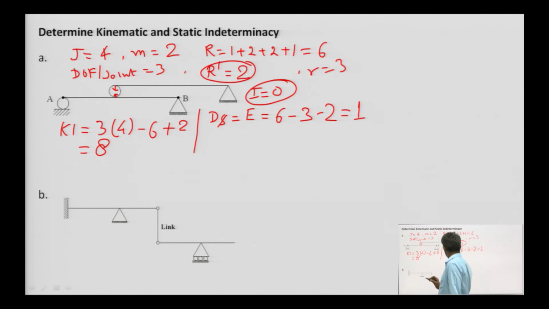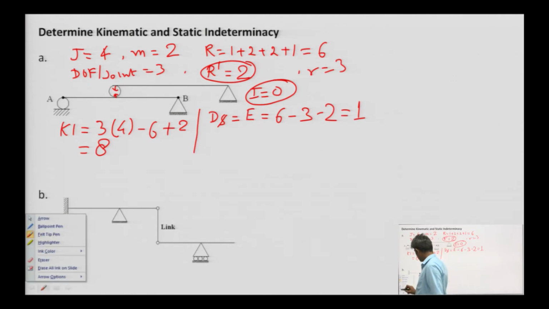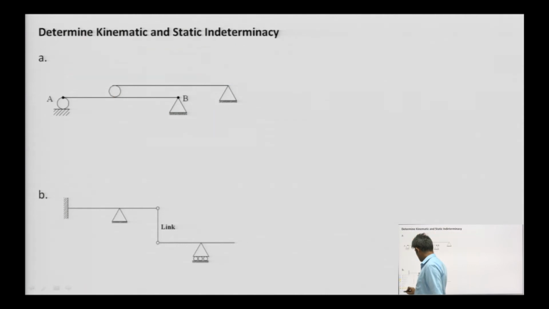Static indeterminacy. In this case, let us calculate kinematic indeterminacy and static indeterminacy. Let me erase first. Let us count the number of joints here. 1, 2, 3, 4, 5, 6. 6 joints are here.